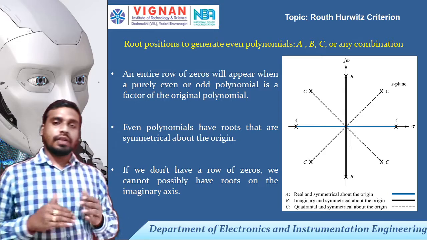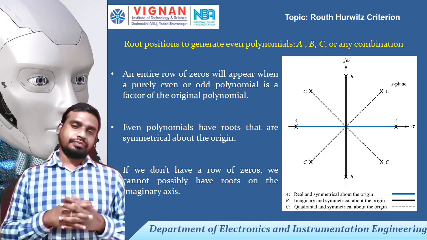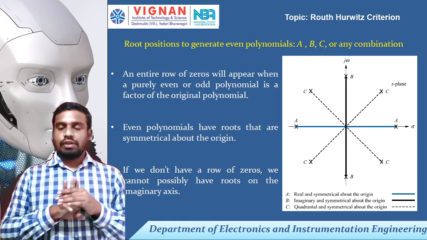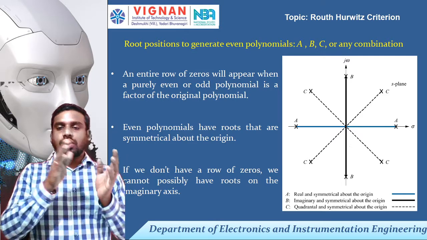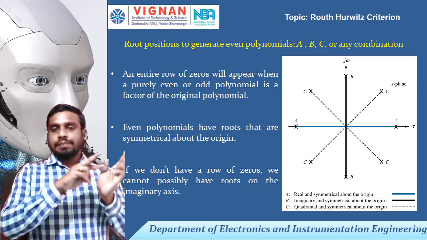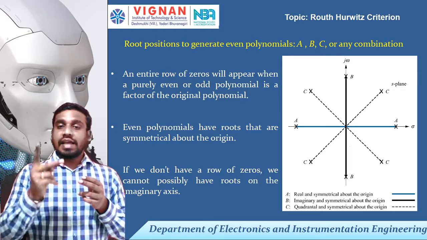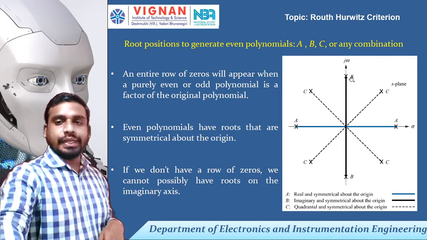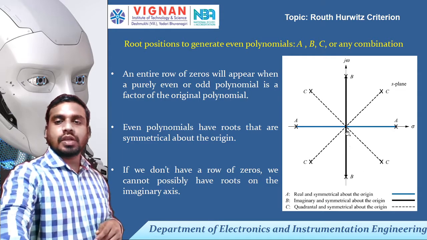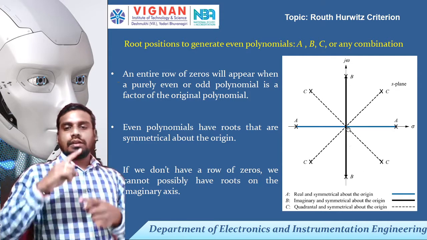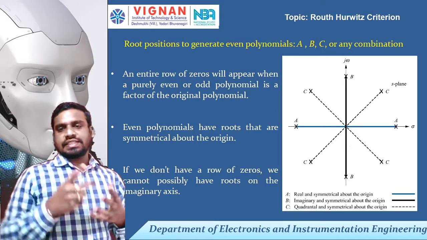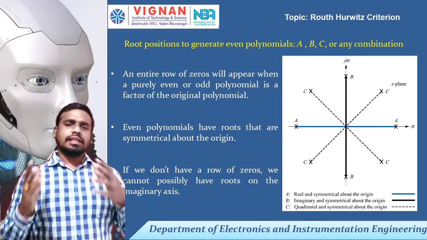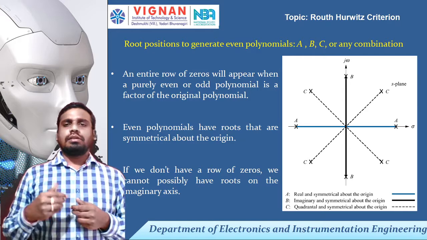This case is possible if you have the whole row as 0. If the whole row of your Routh table becomes 0, you will get three cases. The first case is real and symmetric poles about the origin. Then, imaginary and symmetric poles about the origin, that means here B and B are equidistant from the origin, they are symmetric about the origin and they are imaginary poles. So if B is lying on the imaginary axis, there is a chance that B can be marginally stable.